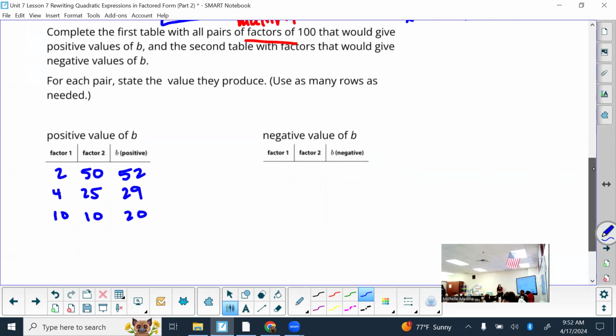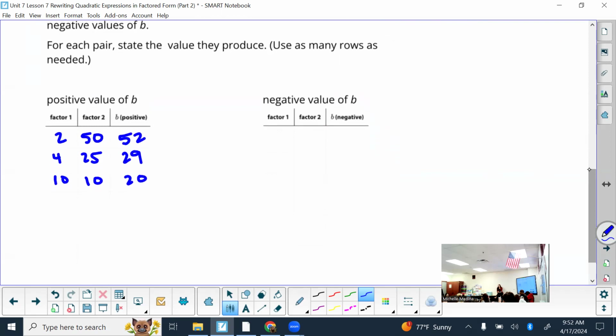Table 8, any others that multiply to 100? Any other numbers that multiply to 100? 1 and 100.